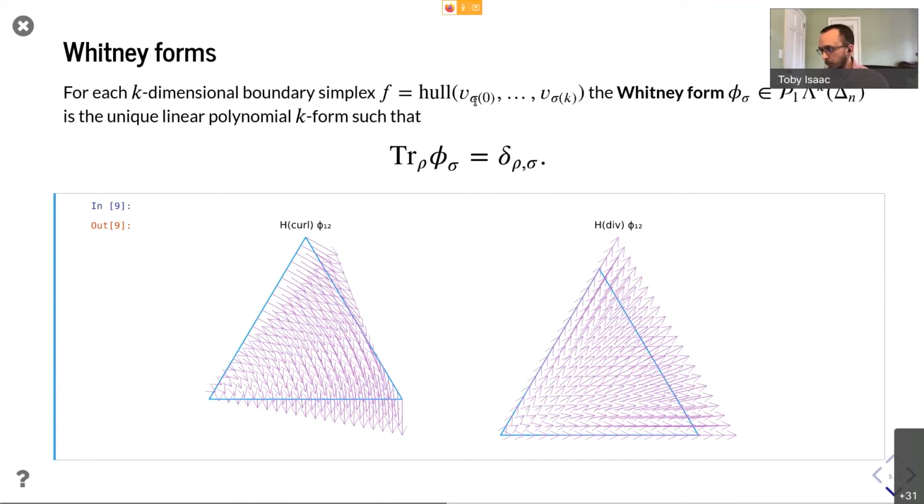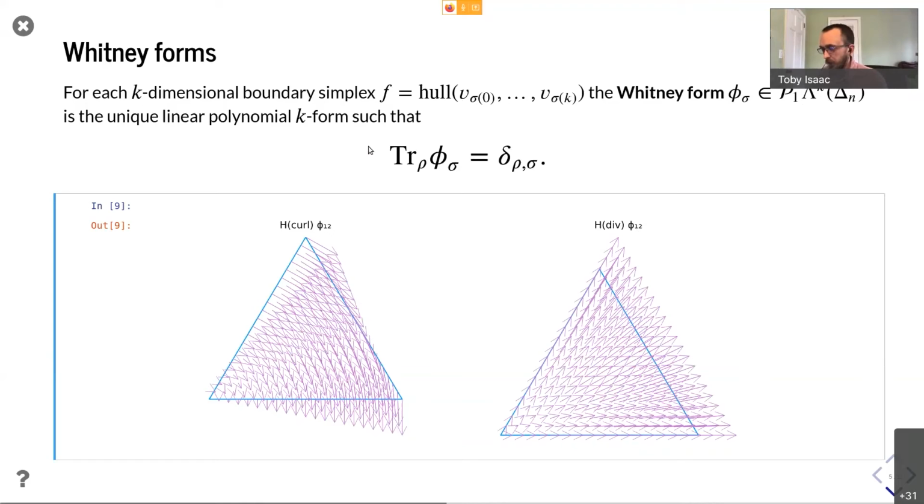We'll represent that subset as sigma. And then the Whitney form is a k form where k is the dimension of the simplex. So for instance, this one edge, it would be a one form. It's always a degree 1 polynomial.